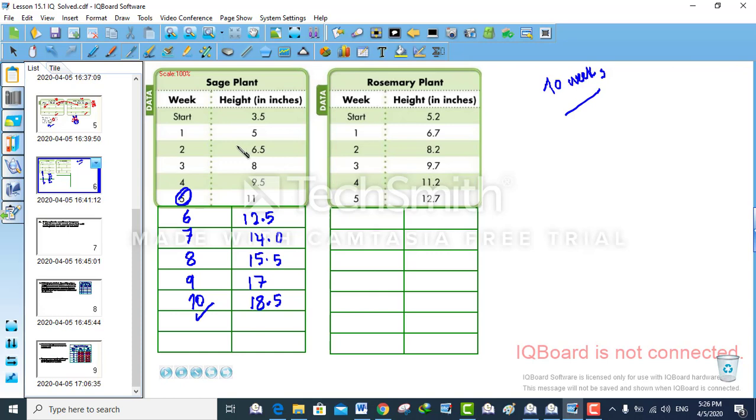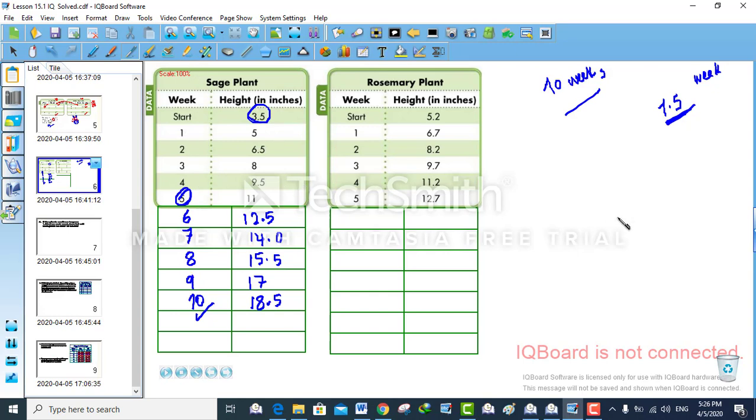Another student will tell me, teacher, each and every time we should add 1.5 for each 1 week, right? Okay, this 1.5, the starting from 3.5, isn't it? Okay, and how many weeks do we have? 10 weeks.